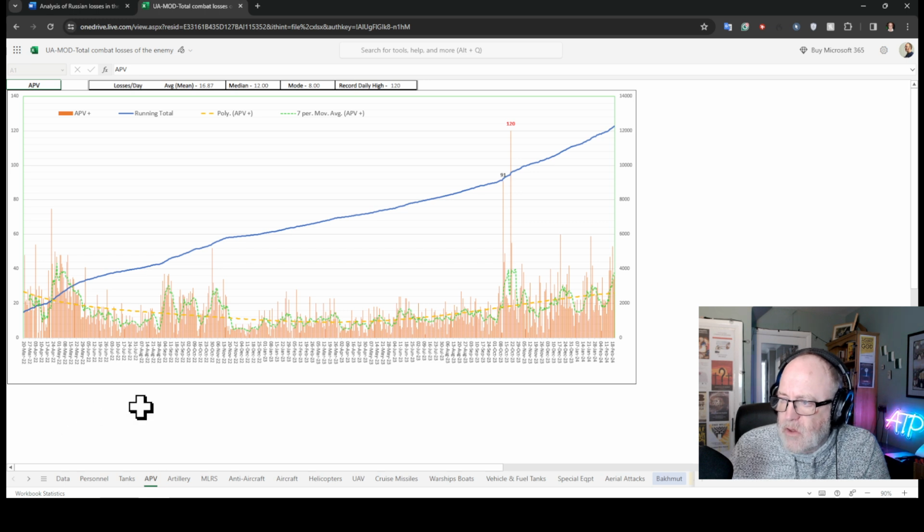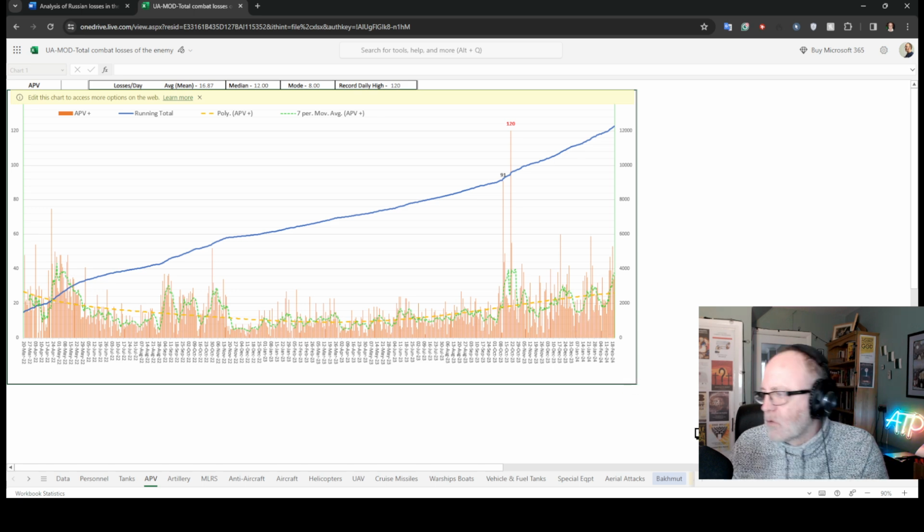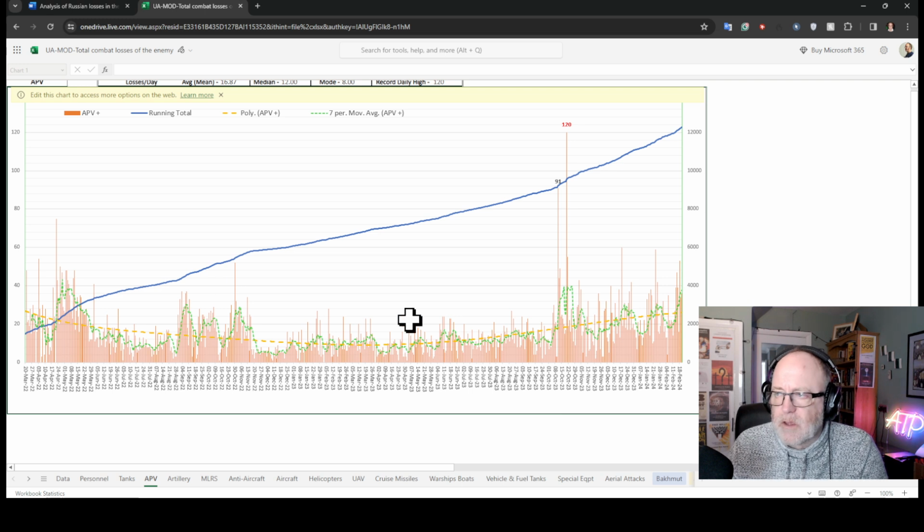For the APVs, you can see armoured personnel vehicles. These include infantry fighting vehicles, and I don't know if I can make that any bigger. I don't think I can. Infantry fighting vehicles, mine-resistant ambush protected vehicles, and armoured personnel carriers. And again, they lost quite a large number of those vehicles at the beginning of the war for the reasons I've given.